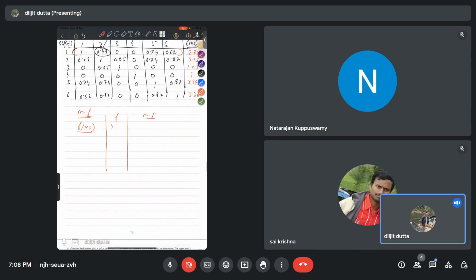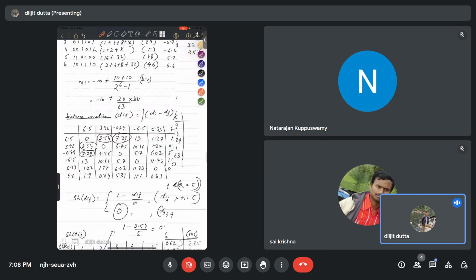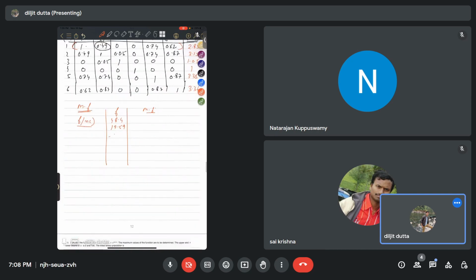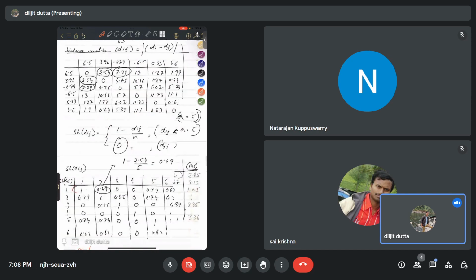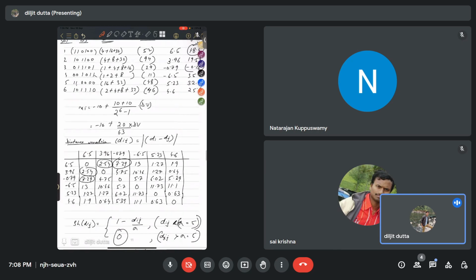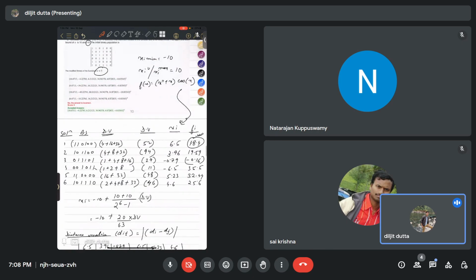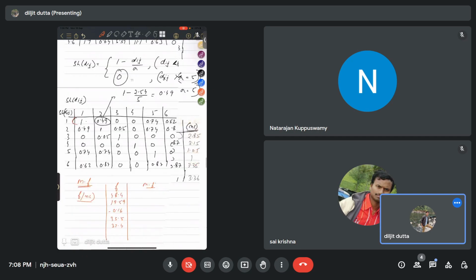I'll just write the values here. 0.59. Third value is minus 0.16. Fourth value is 35.5, 32.4. And the last value is 25.6.